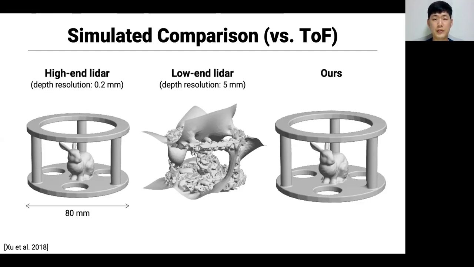The second one simulates a low-end LiDAR with a depth resolution of 5 mm, corresponding to a LiDAR of cost comparable to our setup. We observed that lowering the resolution results in a severe increase in noise in the reconstructed shape. Our technique achieves comparable results with the high-end LiDAR setup, while using a much more affordable imaging setup.